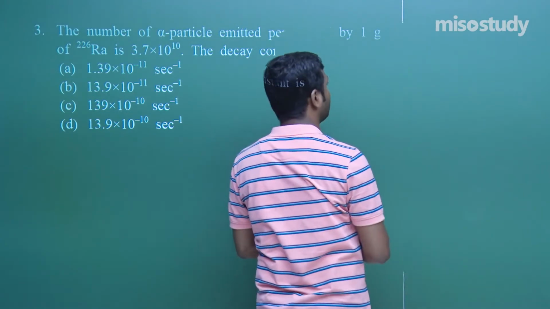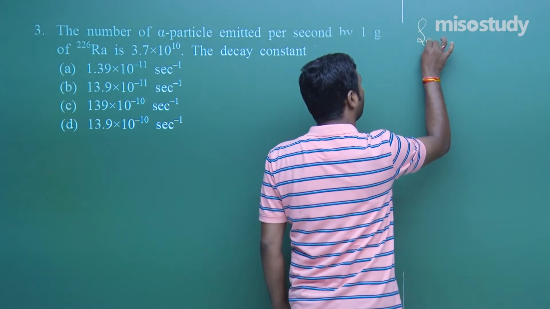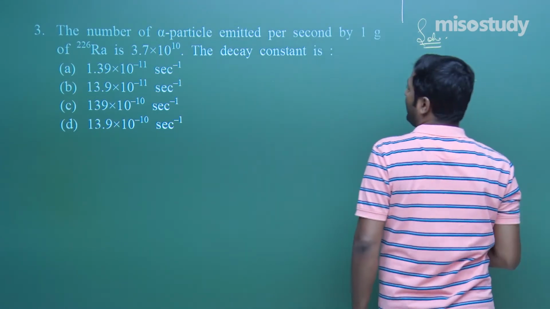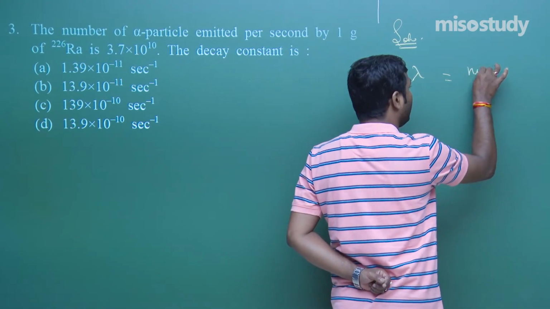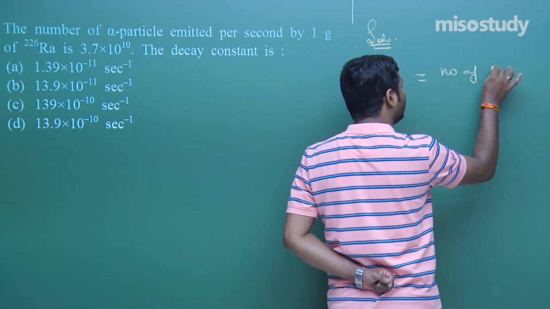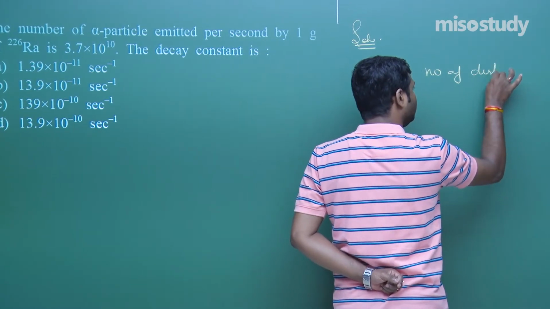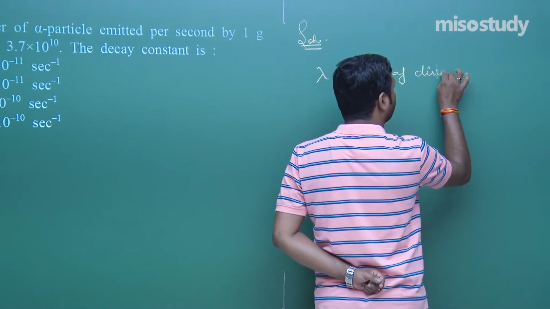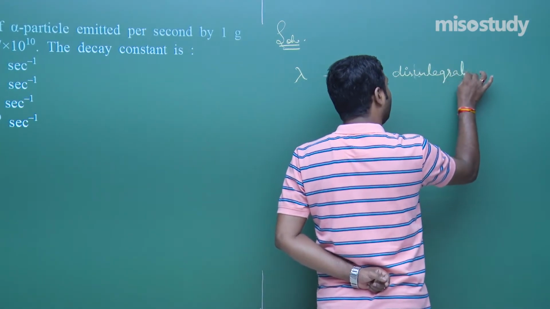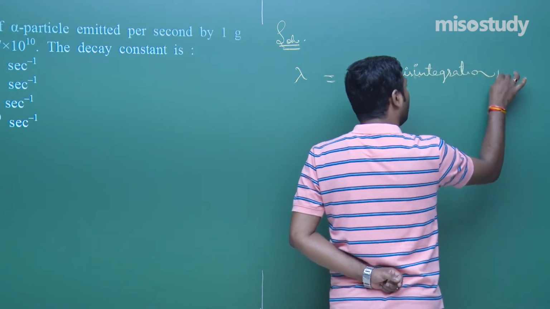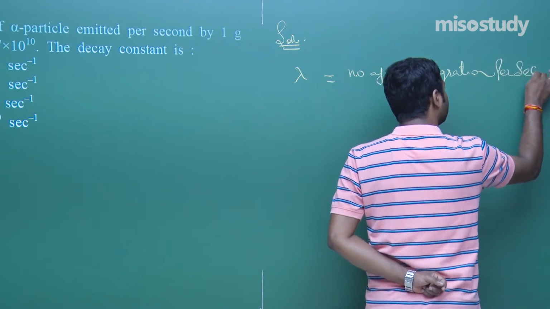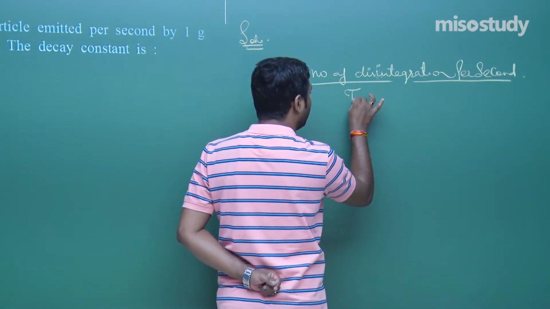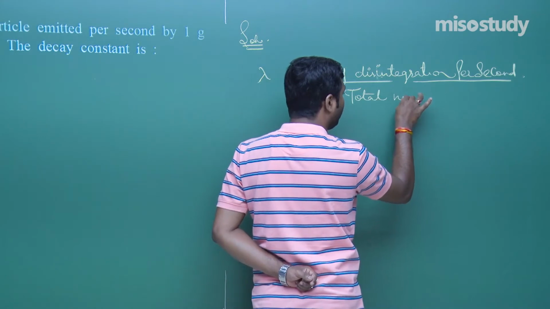Now how to solve such a question? The solution is, as we know, the decay constant lambda is equal to the number of disintegrations per second upon the total number of atoms.